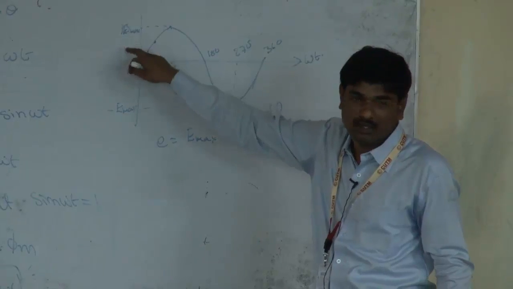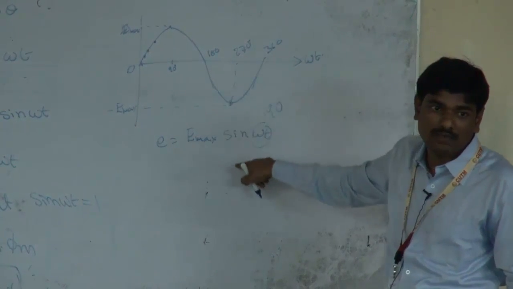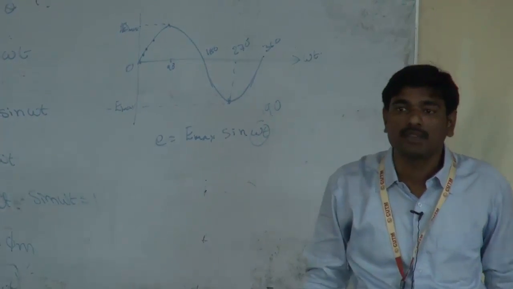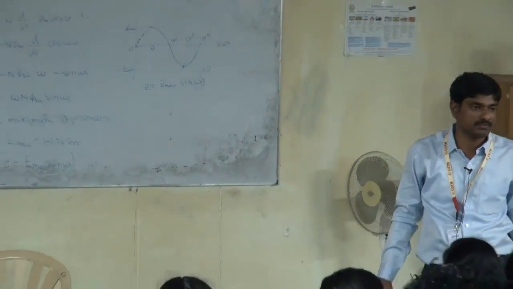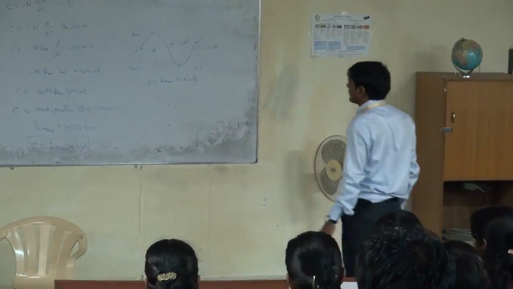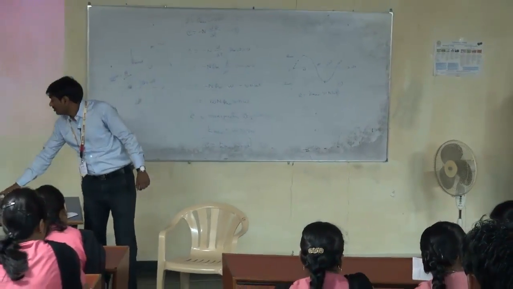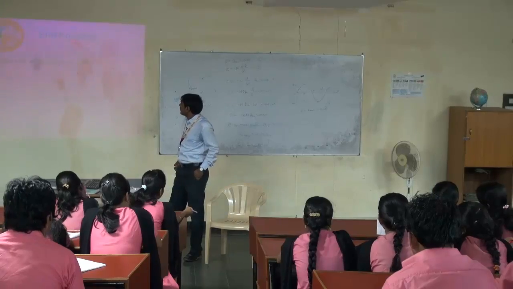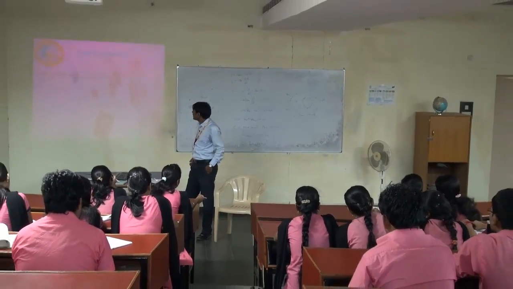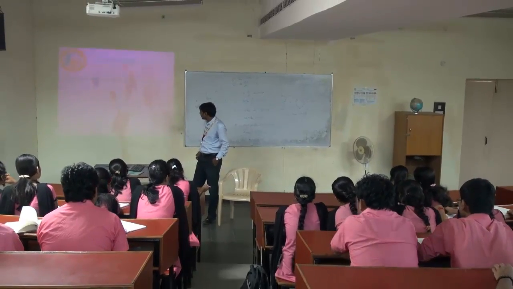If omega t is equal to 270 degrees, sin 270 is minus 1, so you will get the negative maximum. So the induced EMF is E max sin omega t, which is E max sin theta. Here the waveform is not visible properly.